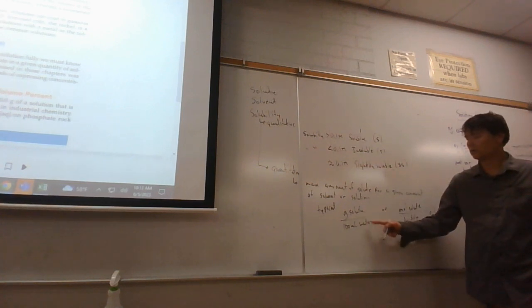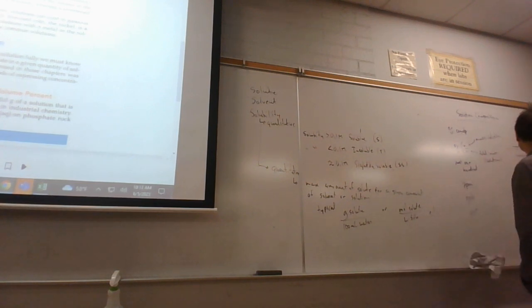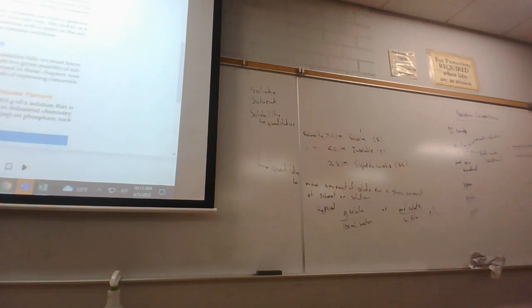This is solute over solvent here. And so these are easy to reverse. If I had 3 ppb, then the conversion factor I'd get from that is 3 grams of solute per billion grams of solution, etc.